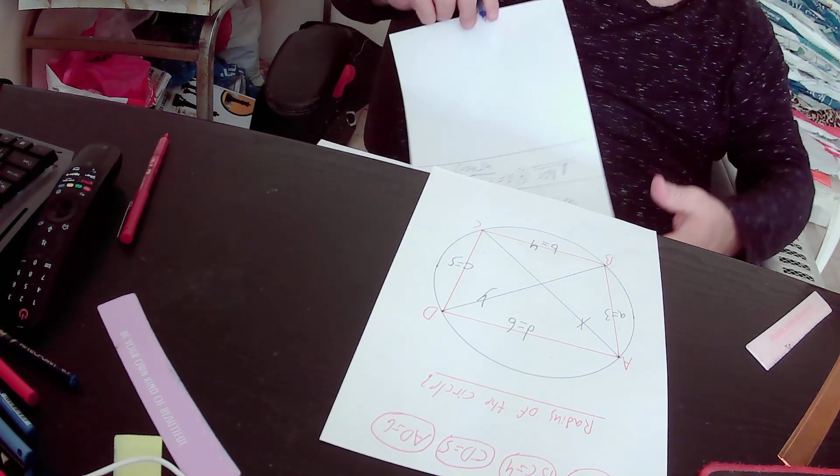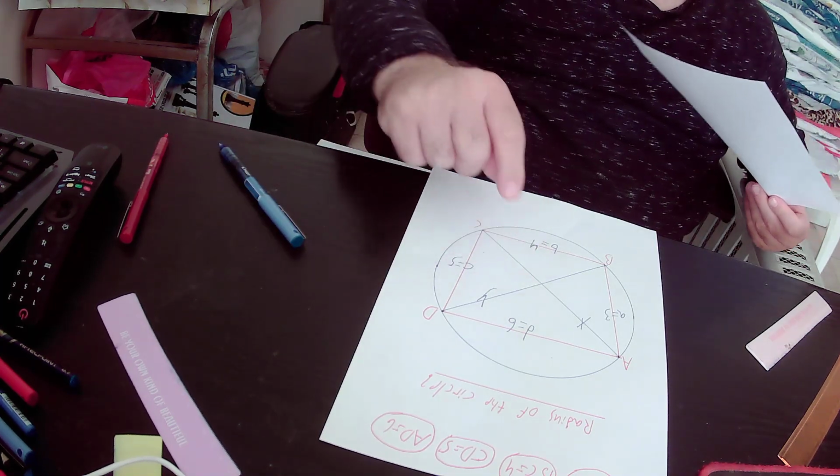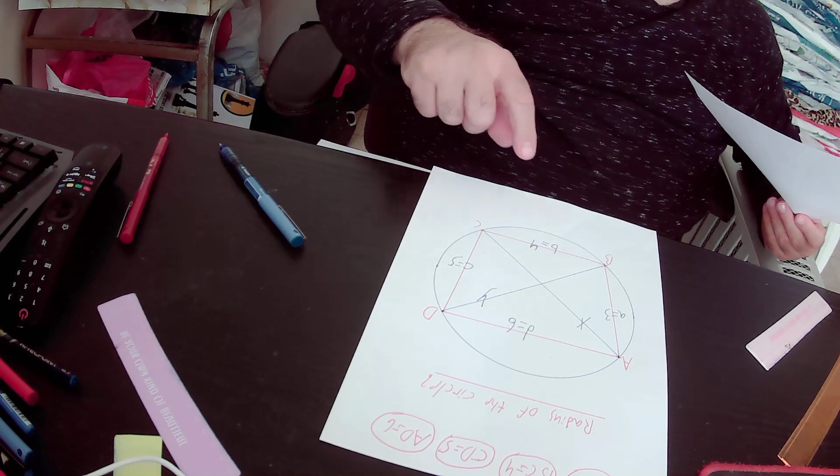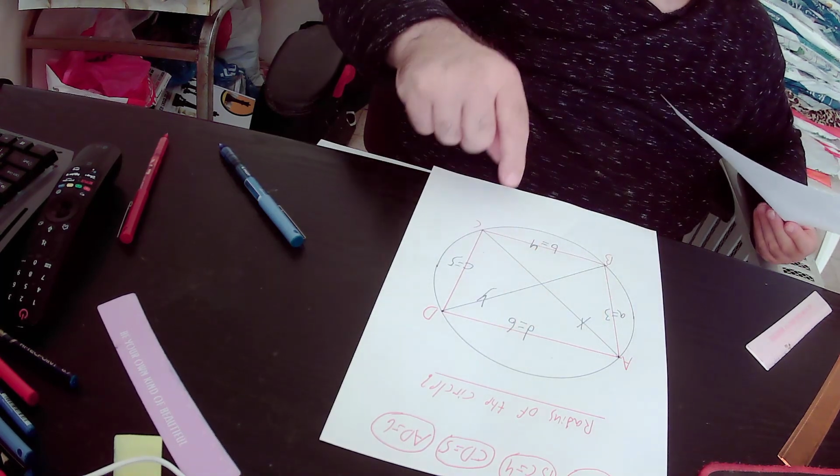So I repeat again, if you focus on this triangle ADC, actually this triangle ADC is inscribed by this blue circle.